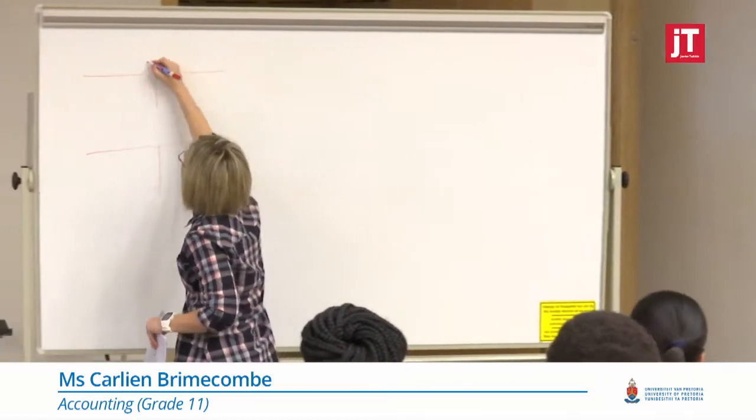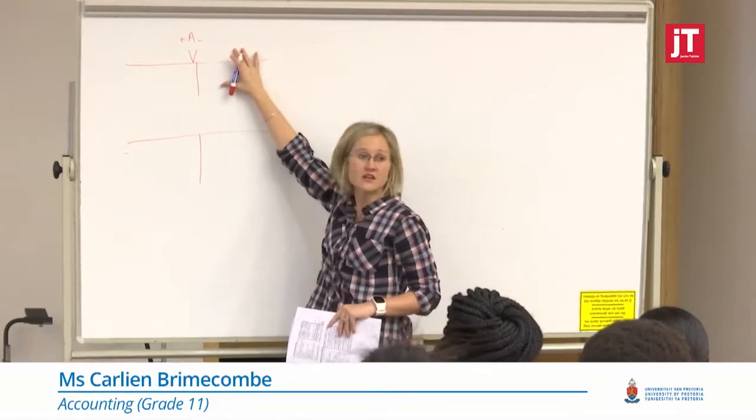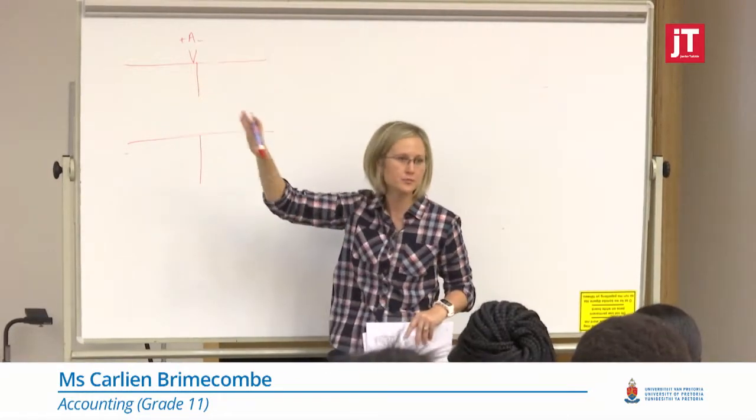I'm going to focus now on vehicles specifically. When I have an adjustment and they provide me with a new vehicle purchased or a vehicle sold, it doesn't matter, when I look at the vehicle account I always start with the movement.